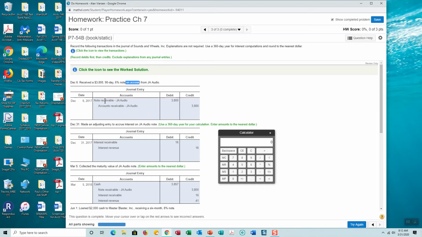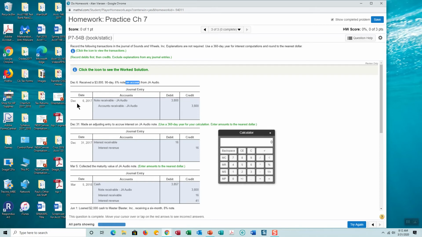We debit Notes Receivable, an asset, since we're increasing it, and take the account receivable off the books for the $3,800. That's one of the three ways we talked about doing a note receivable: simply switching out an account receivable for a note receivable.